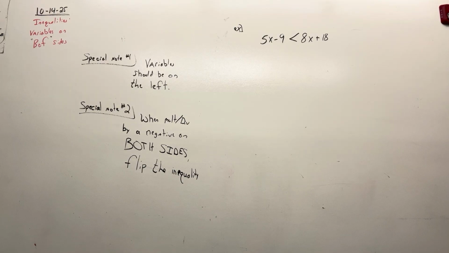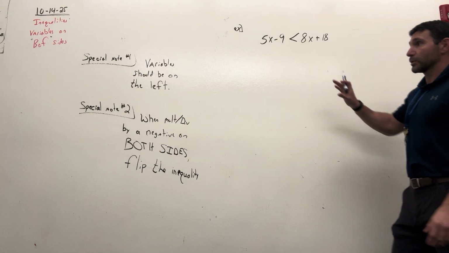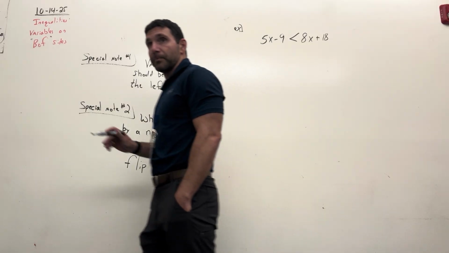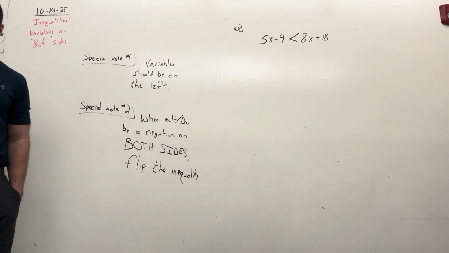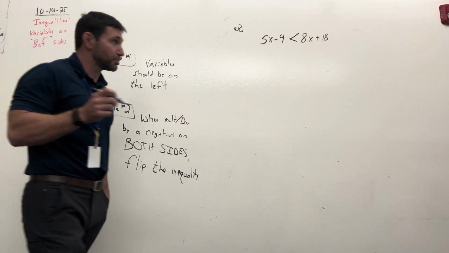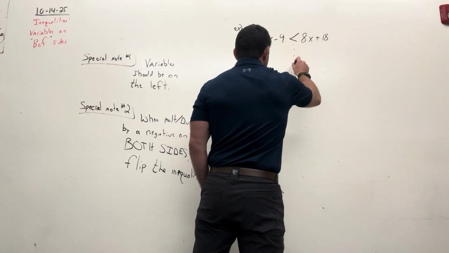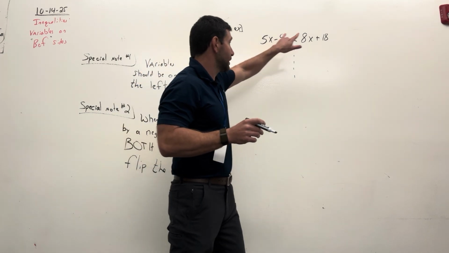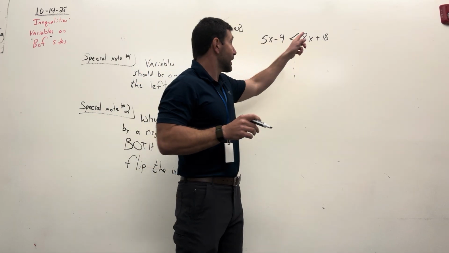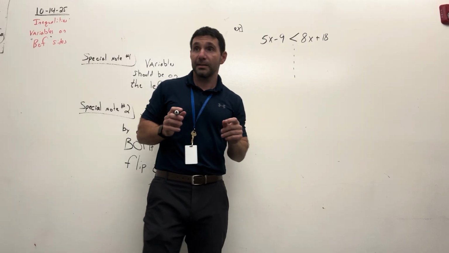Nothing about this is any different than solving an equation. Now, we want to remember special note number 1. The variable should end up on the left side. So I'm going to find my balance point. Nothing to distribute because there's no parentheses. I cannot combine anything on the same side, but I can combine variables on opposite sides.